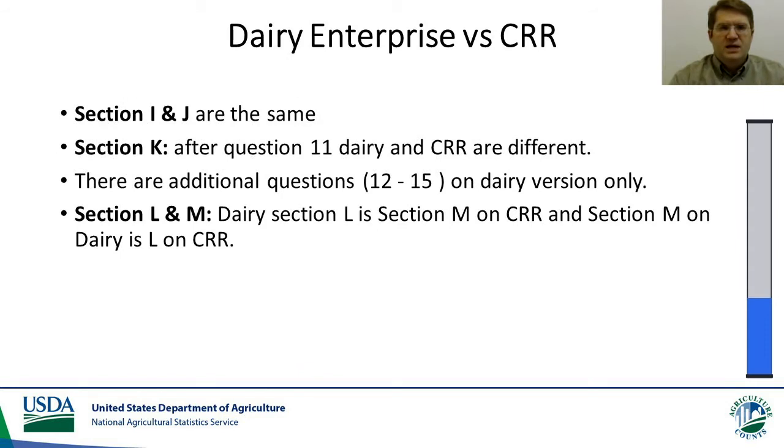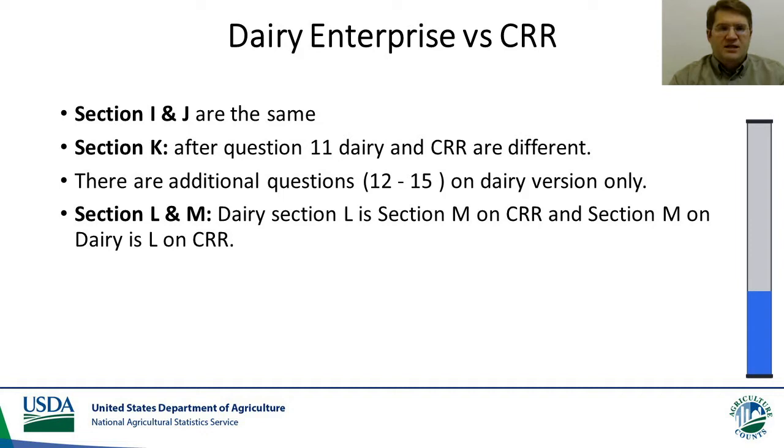Sections I and J are the same on both versions. On Section K, after question 11 on the CRR, dairy questions are different. There are several dairy labor questions in Section K. Questions 12 through 15 are additional questions on dairy only.